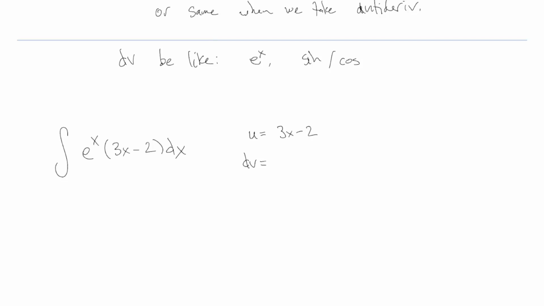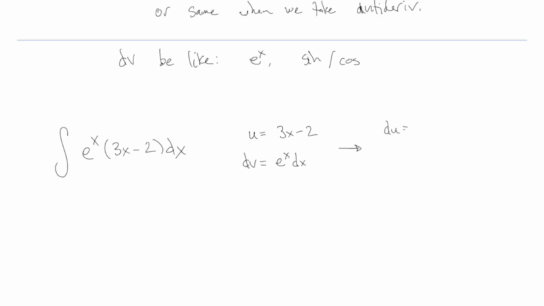That means the dv has to be e to the x, and like I said before, the dv part always includes the dx. That's because the dv is something that you're going to take the antiderivative of, so you want the dx to be in there rather than in the u. All right, those are my choices. I like these choices. Now we figure out on our own what is the derivative of u.